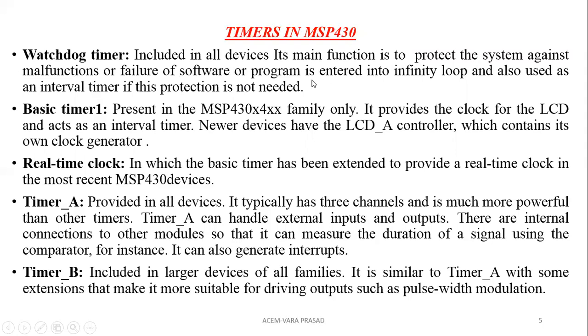At that time, the watchdog timer is protecting our system. Okay, then basic timer 1. This basic timer 1 is mainly available in the 4XX family only, that is the fourth generation, and this timer is mainly used for generating the clock frequency for LCD.